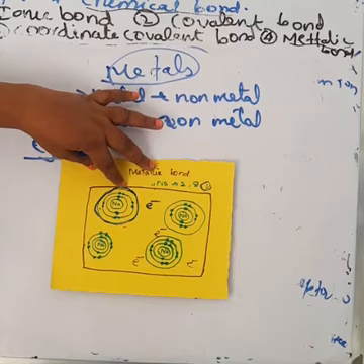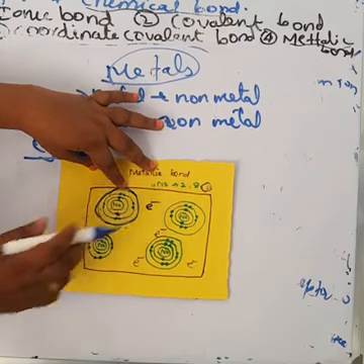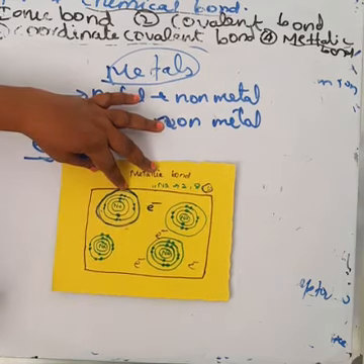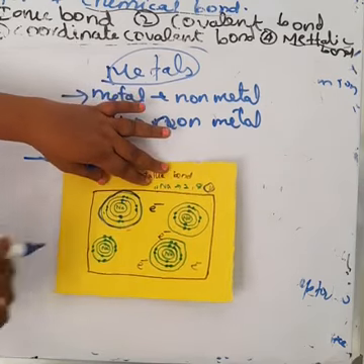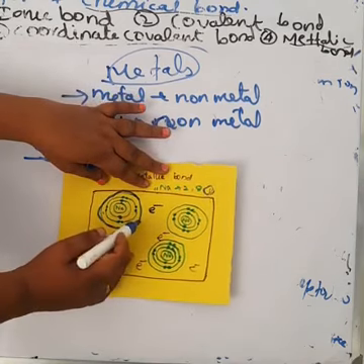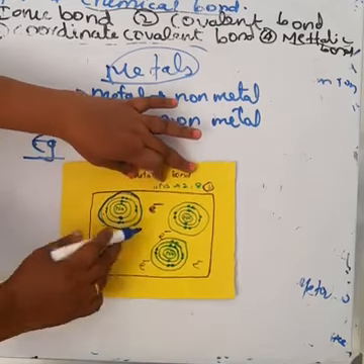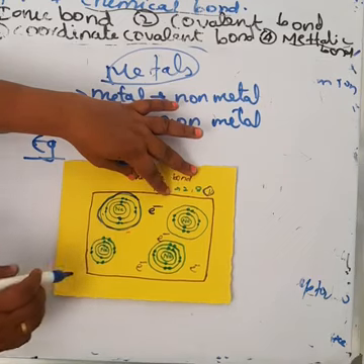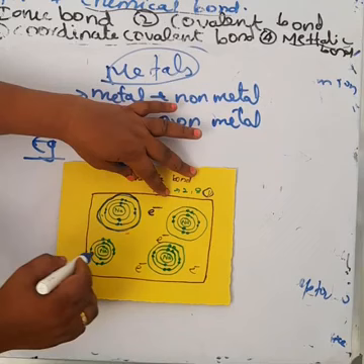In metallic bonds, the valence electrons of the interacting metal atoms are delocalized. The electrons from the outermost orbit of a sodium atom are attracted by another sodium atom, so they move freely along the crystal lattice.